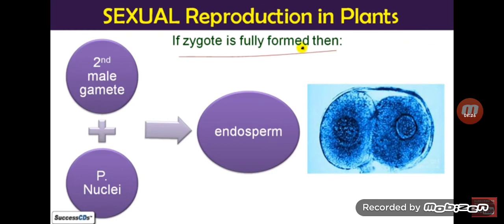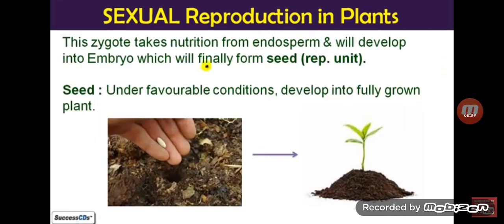Now the second male gamete fuses with the polar nuclei and forms the endosperm. This zygote takes nutrition from the endosperm and will develop into an embryo, which will finally form a seed. What is a seed? What happens to the seed? Under favorable conditions, the seed develops into a fully grown plant.